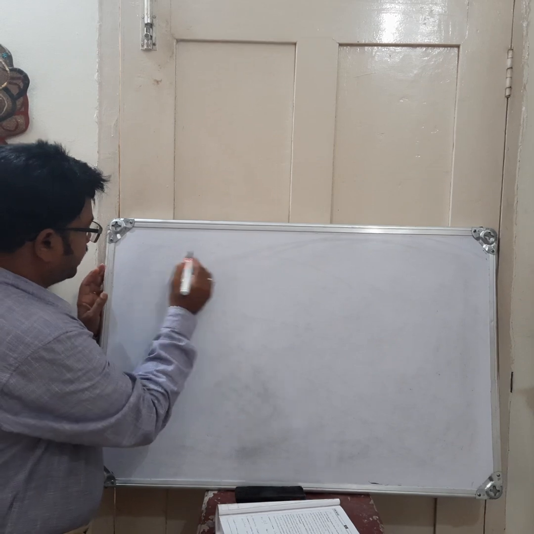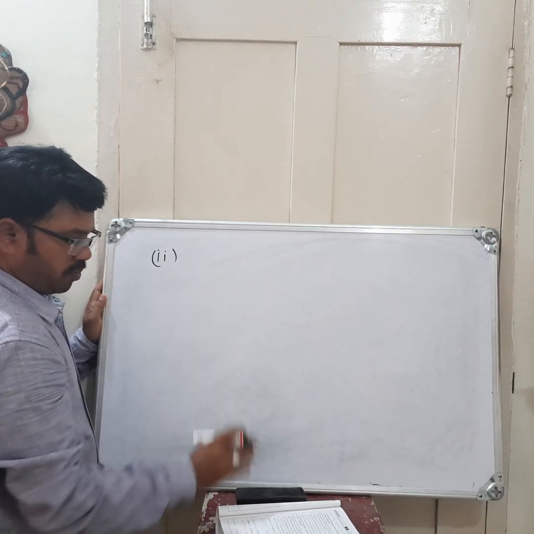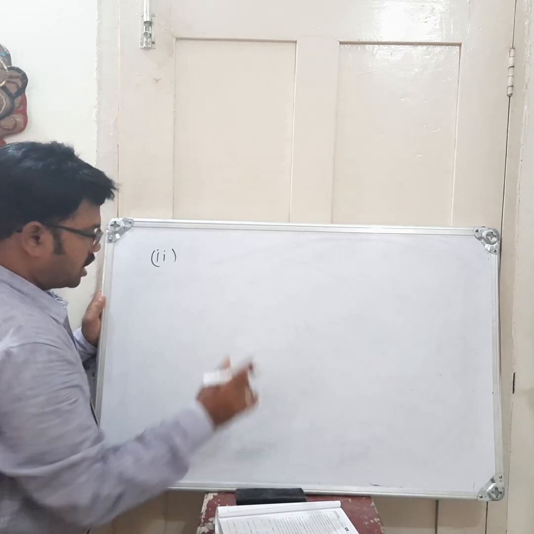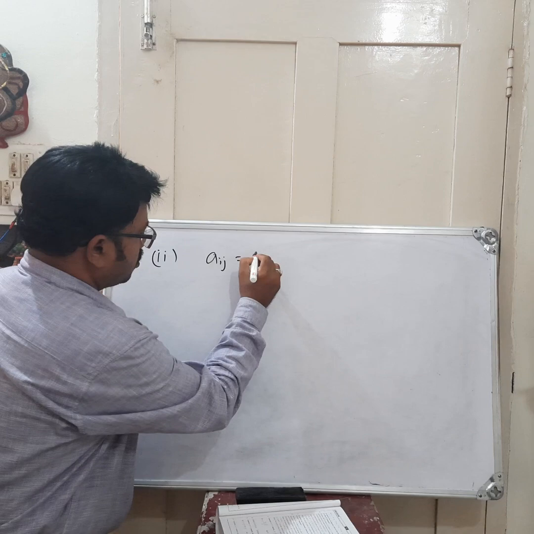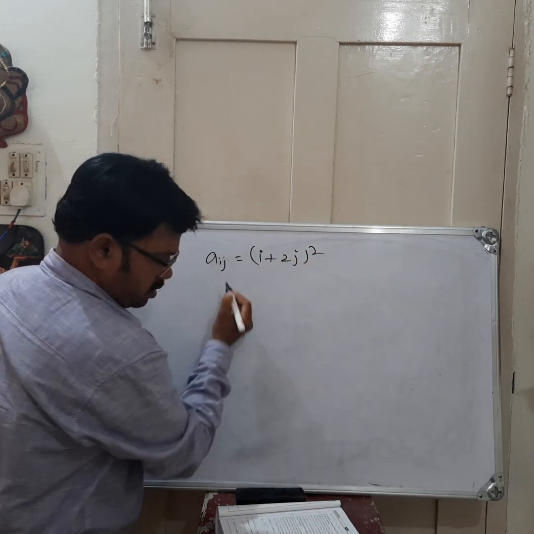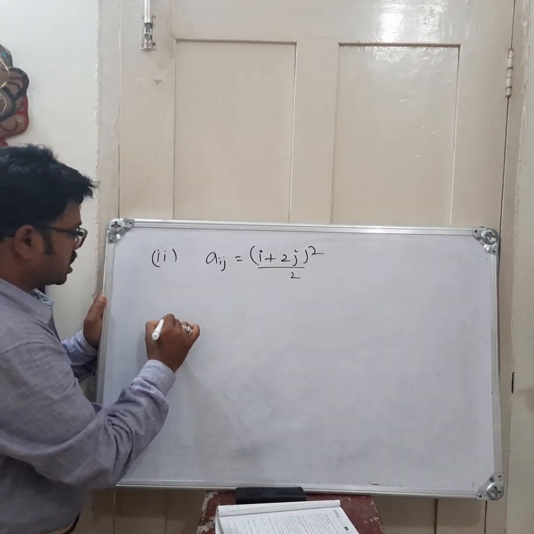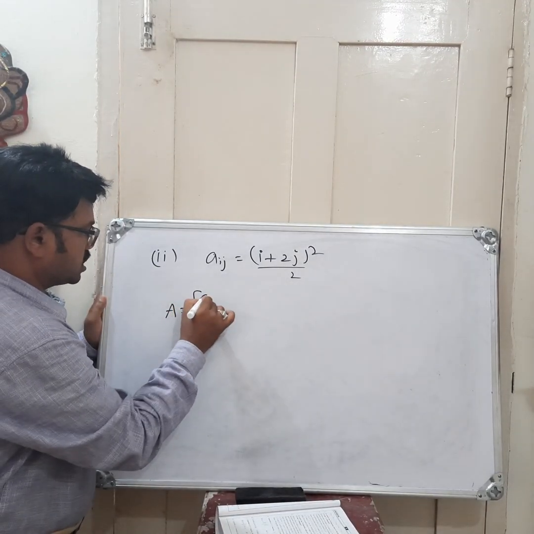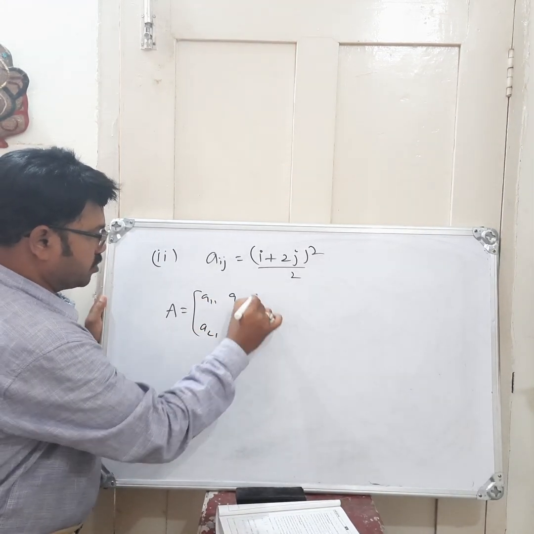See this, the second problem: we have to consider the same 2 by 2 matrix whose elements are given by Aij equal to (i plus 2j) whole square divided by 2. So here also you have to consider a 2 by 2 matrix, meaning A11, A12 and A21, A22.